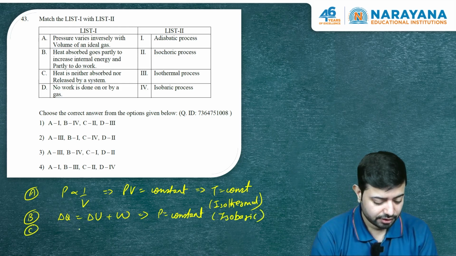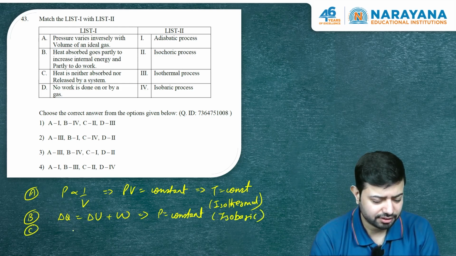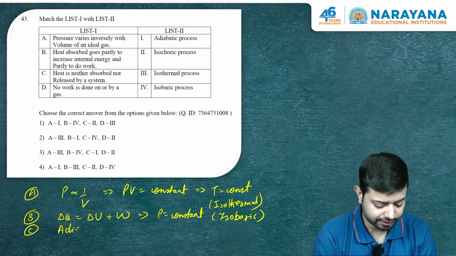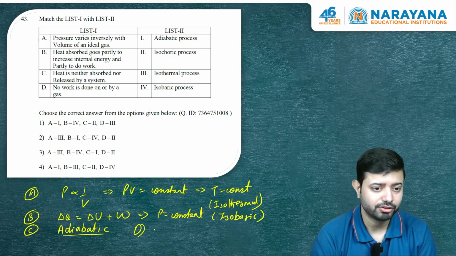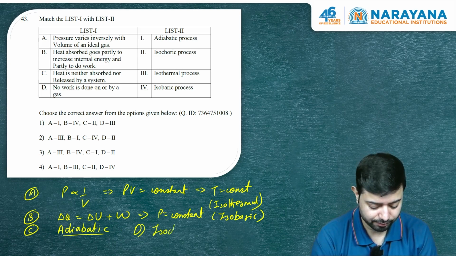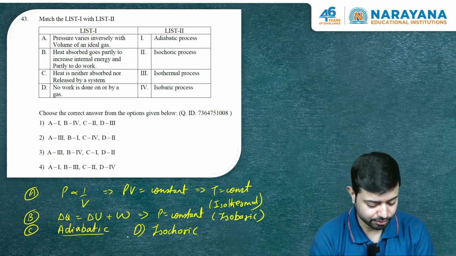C option, heat is neither absorbed nor released, it is a straightforward adiabatic. In adiabatic you find this situation, right. And then for D option, no work is done, when the volume is not changing, isochoric, and hence which option is matching then.